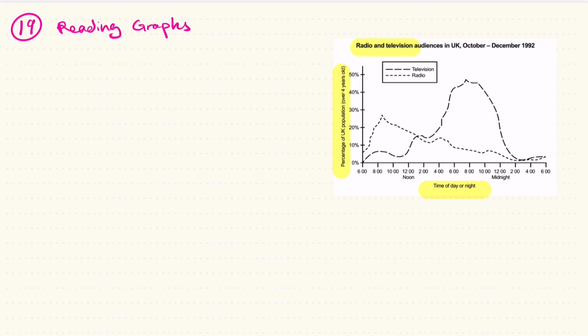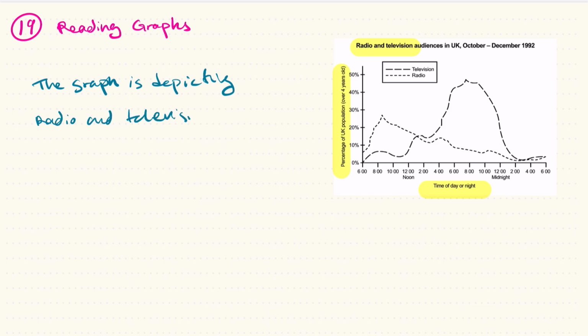So you can say the graph is depicting radio and television audiences in the UK in a 24 hours period.